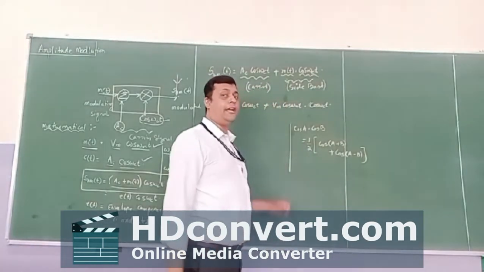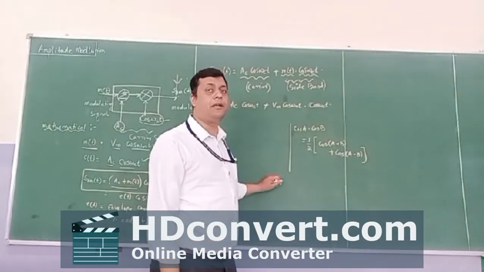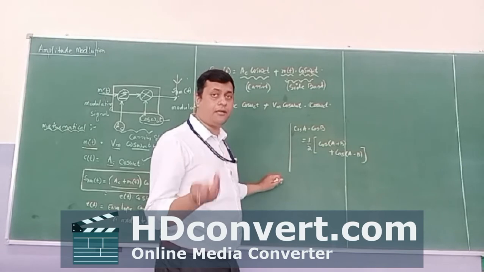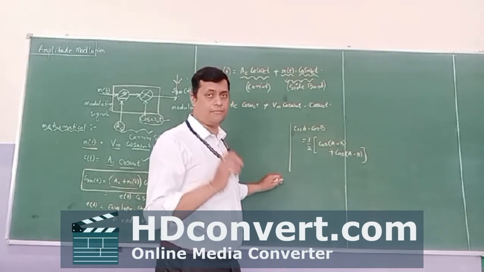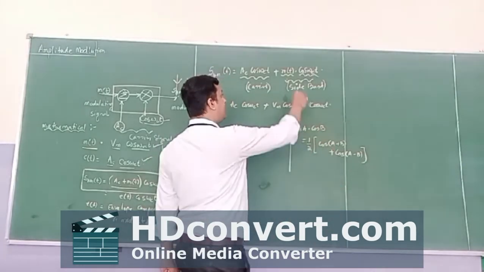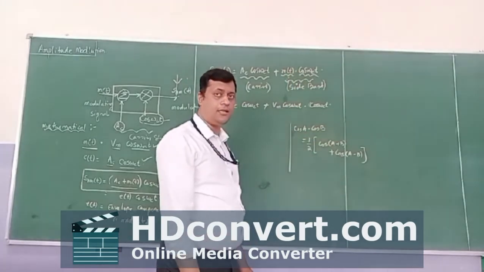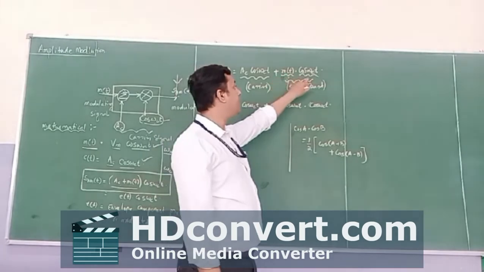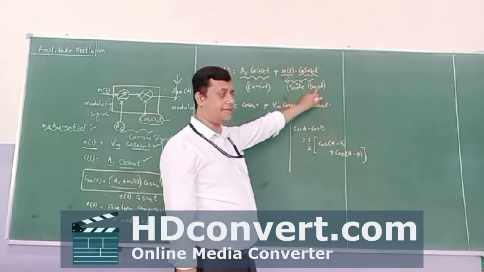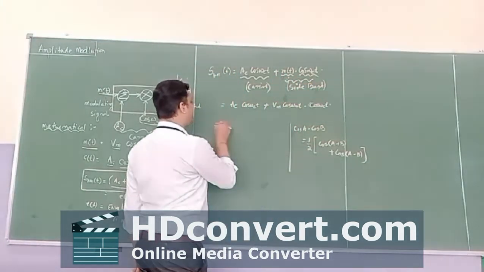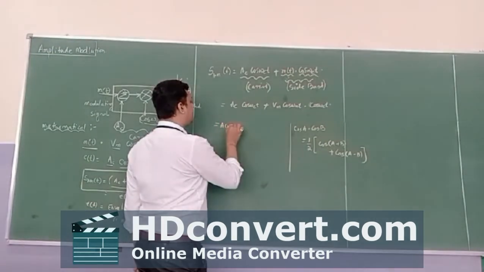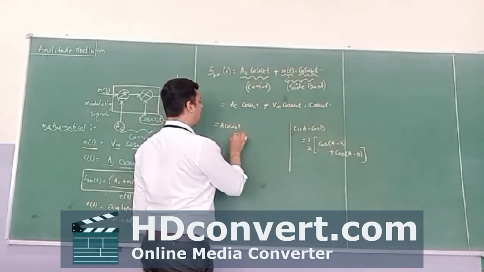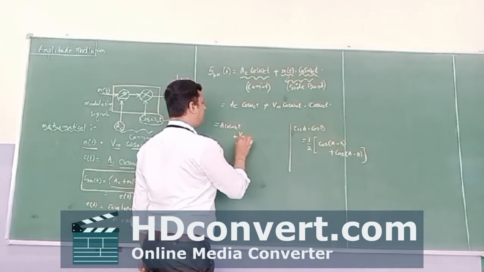Now here A and B represent the frequencies. A is the higher frequency and B is the lower frequency. In this case, which one is higher and which one is lower? The lower frequency is our modulating signal and the higher frequency is the carrier signal. Now for this I can write A_c cos omega_c t plus V_m by 2.